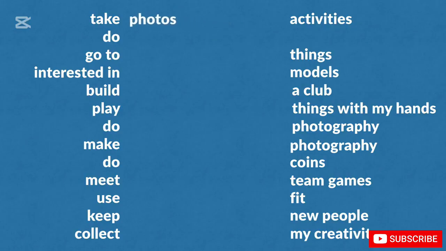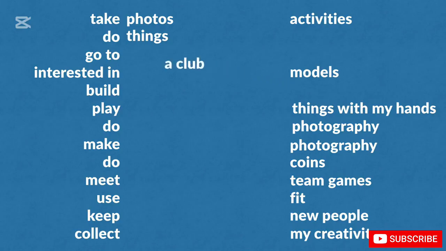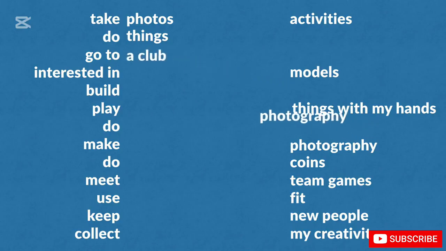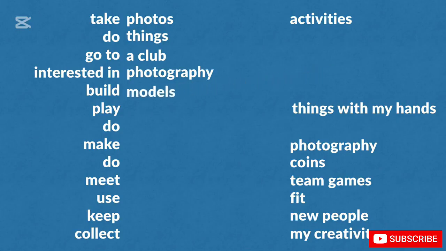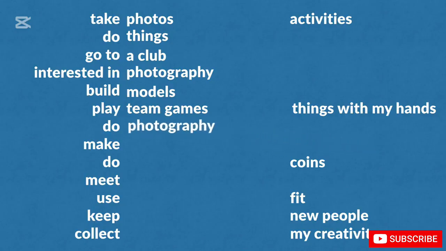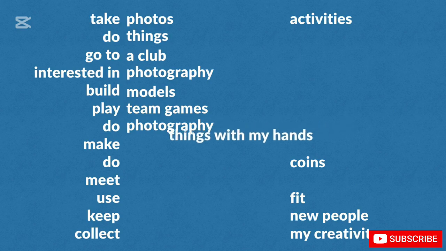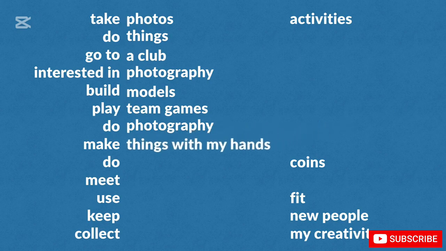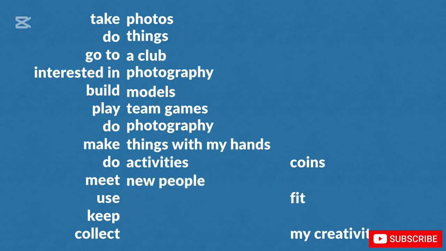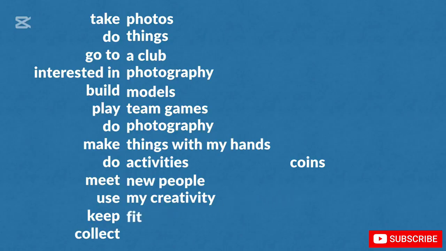So you take photos, you do things, you go to a club, interested in photography, build models, play team games, do photography, make things with my hands, do activities, meet new people, use my creativity, keep fit, and collect coins.